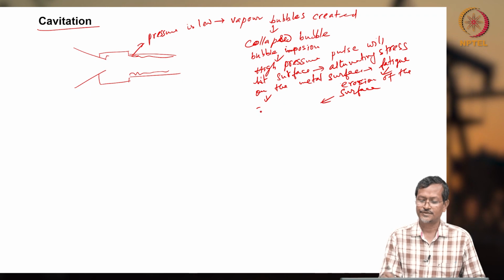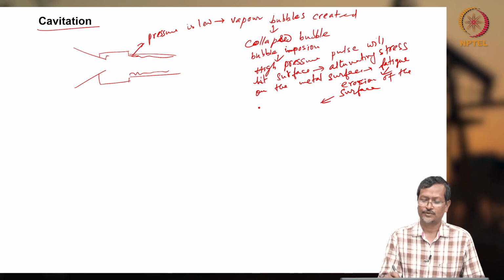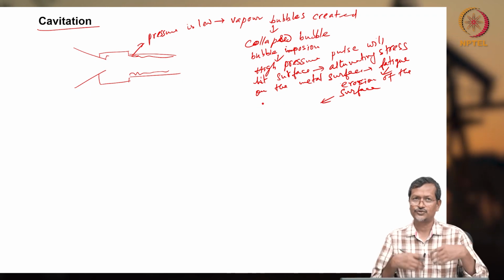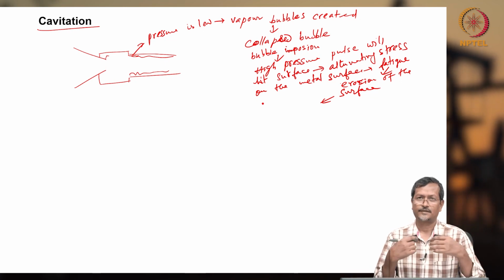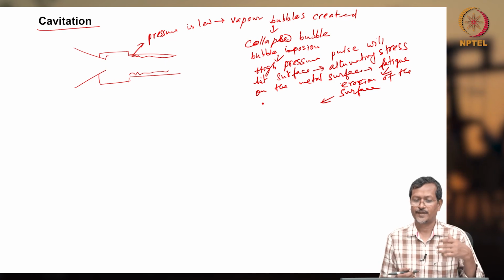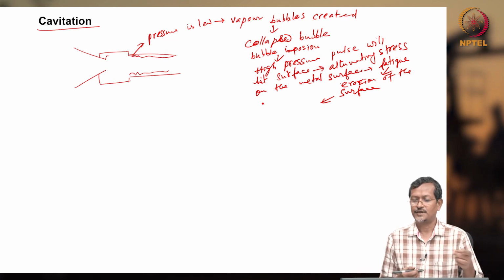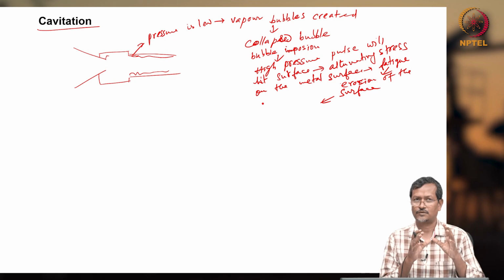When surface erosion occurs, if you have any sand or other particles, the erosion rate will be higher. If you have chemicals also, erosion rate plus chemical, the life will be more disastrous. So if you have a pump, high speed machinery, you have to consider this cavitation.